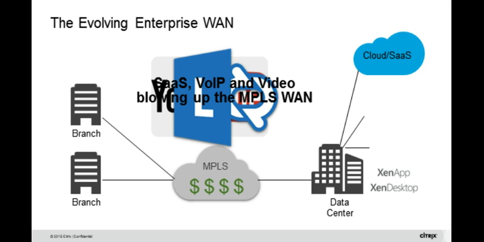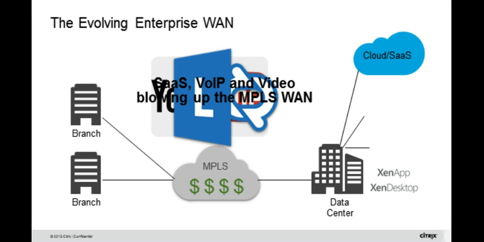And of course, over the last several years, there's been the rise of cloud services and software as a service applications such as Salesforce or other CRM applications, which continue to drive additional bandwidth over the enterprise wide area network. And those SaaS-based applications and cloud-based applications continue to get richer and richer every year to look like they're being executed locally from the PC.